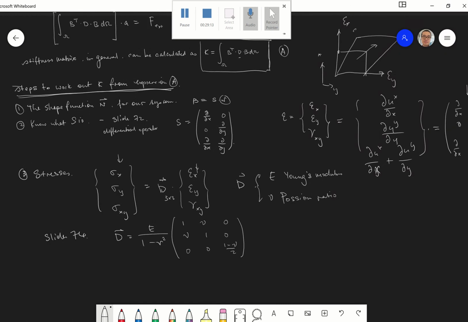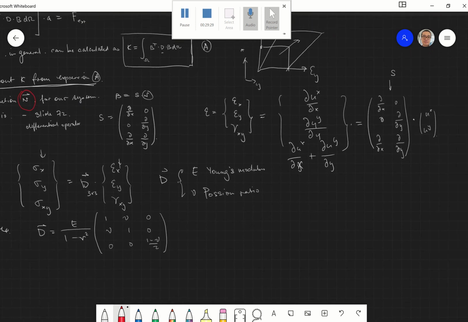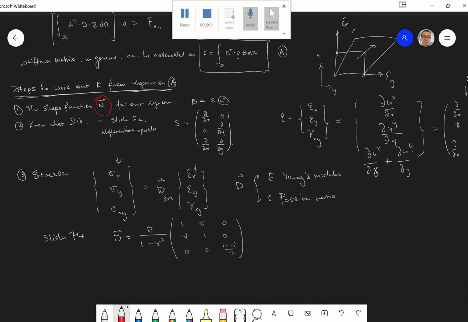So with this three information, let's highlight what we need. First of all, the shape function N, which we will show a few more examples of how to work out for different types of elements. And then the S operator. This is also given, and we'll show you how this actually works later, right?